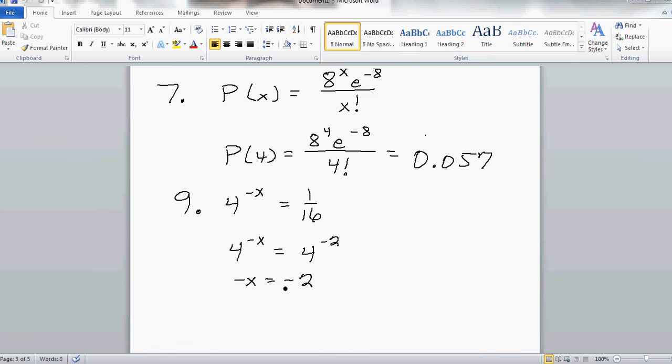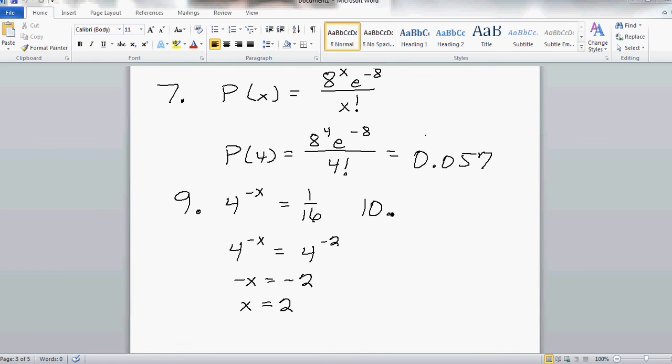Negative x equals negative 2, or dividing both sides by negative 1, we get x equals 2. And it is relatively simple at this point to just do a quick check. What is 4 to the negative 2? That's 1/16. A very easy check in this case.